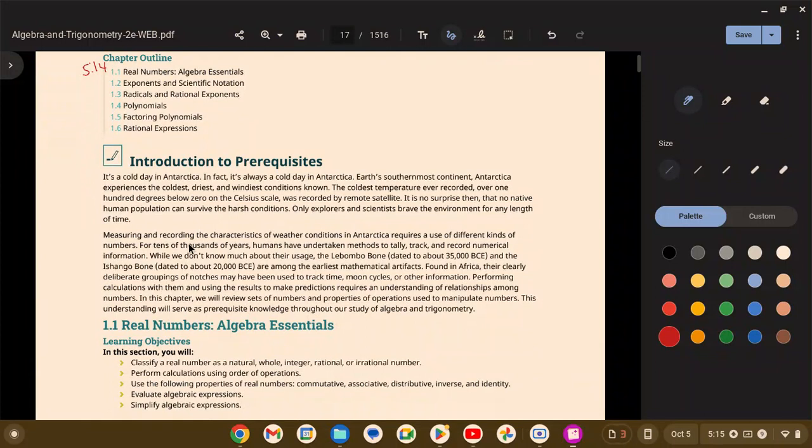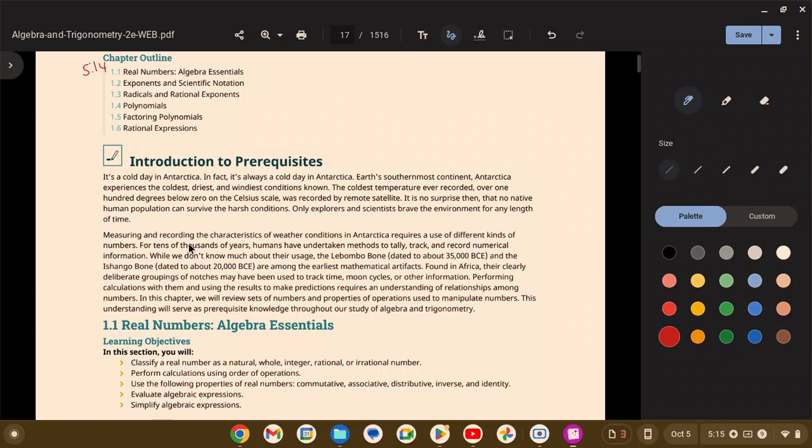Measuring and recording the characteristics of weather conditions in Antarctica requires a use of different kinds of numbers. For tens of thousands of years, humans have undertaken methods to tally, track, and record numerical information. While we don't know much about their usage, the Lubombo bone, dated to about 35,000 BCE, and the Ashango bone, dated to about 20,000 BCE, are among the earliest mathematical artifacts.